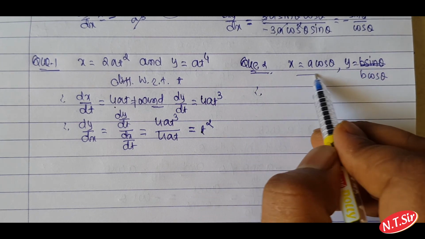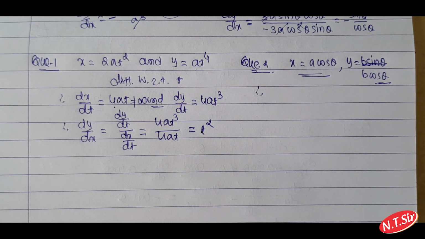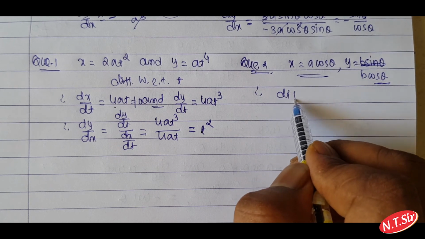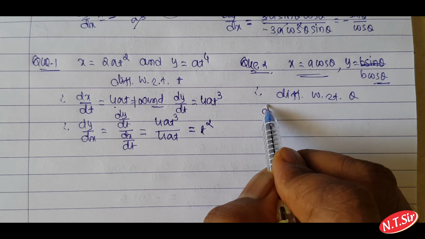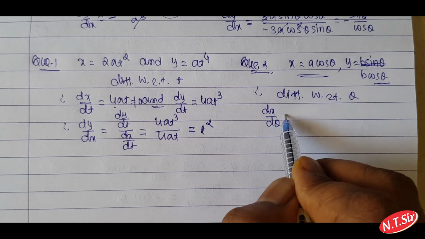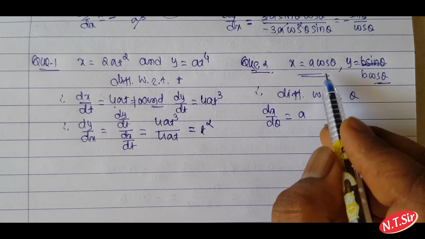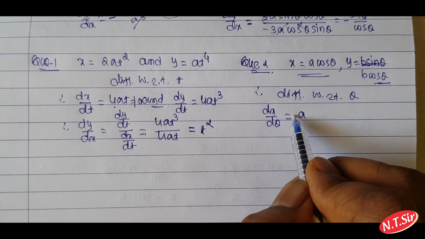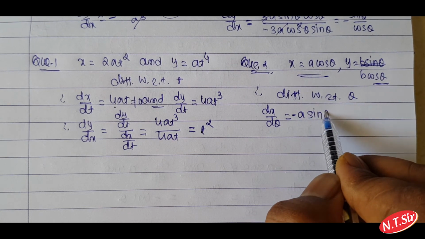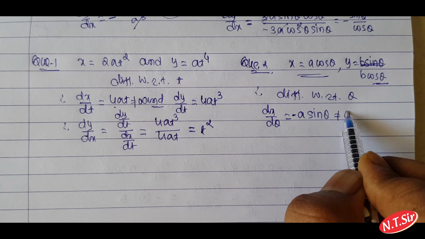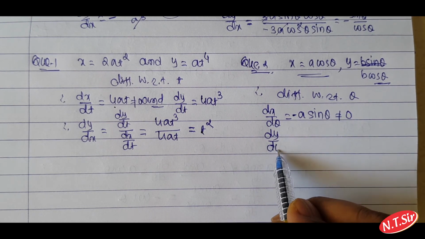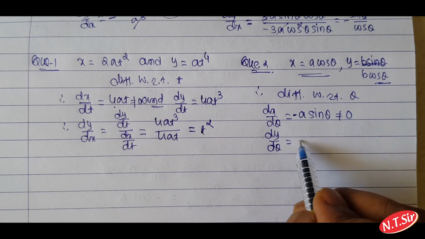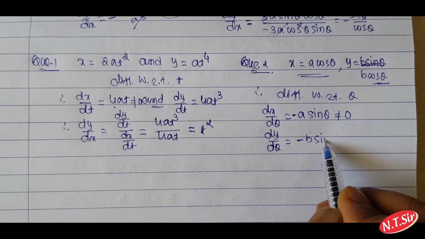चलो, both are functions of theta. So differentiating with respect to theta, dx by d theta is equal to a times the derivative of cos theta, which is minus sin theta. So minus a sin theta, and dx by d theta is not equal to 0. And dy by d theta is minus b sin theta.